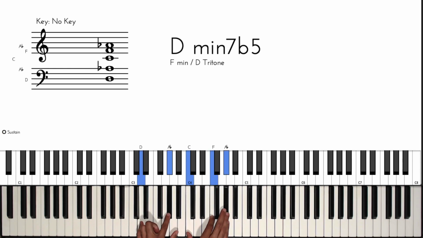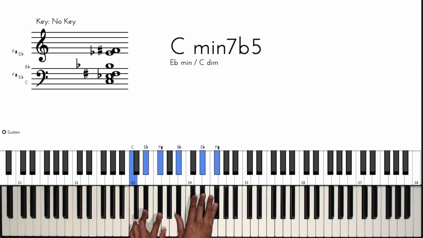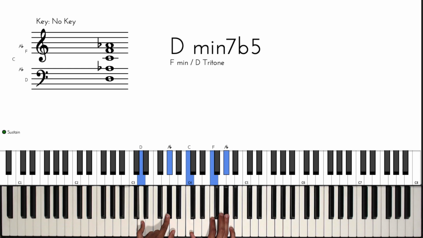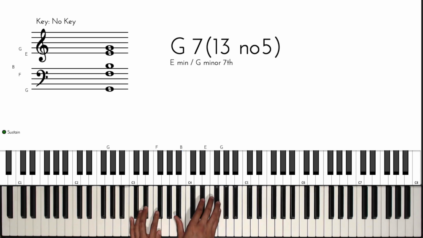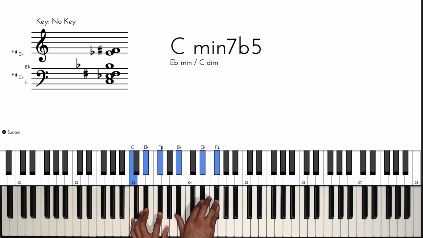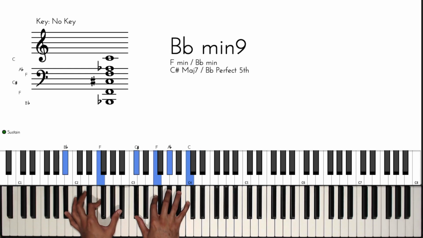We can either do D half diminished, G 7 sharp 5, to the C half diminished, or we can just simply go down chromatically with this F minor chord and play a G7 to this C sharp, and then finally this F7 sharp 5, and then we get to the 2 chord.